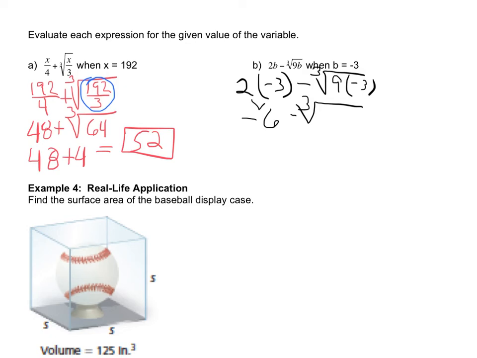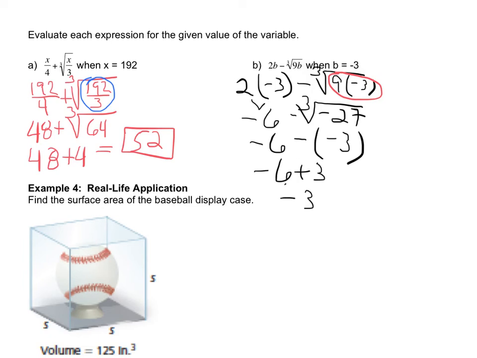I want to take care of the radicand underneath. And when I do that, I get negative 27. Next, I want to look at the cube root of negative 27, which is negative 3. Notice that I'm doing minus negative 3. And then that becomes negative 6 plus 3, which is negative 3.